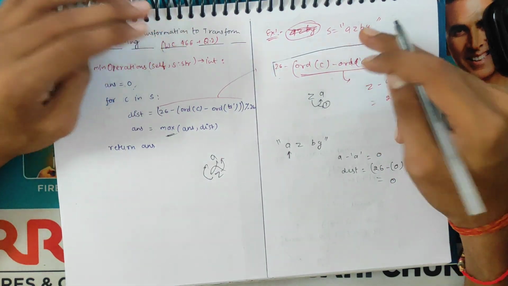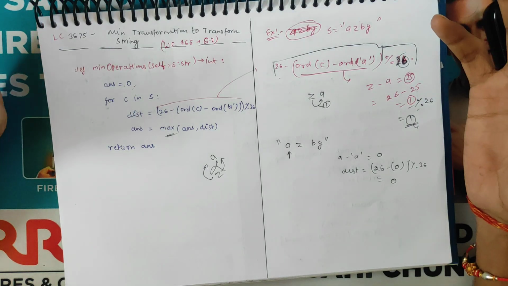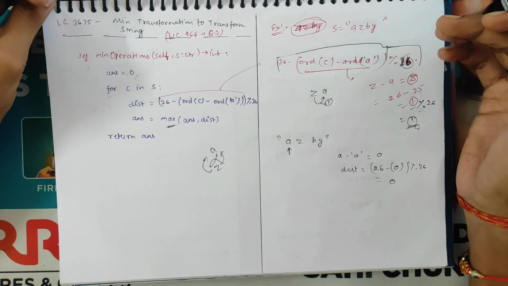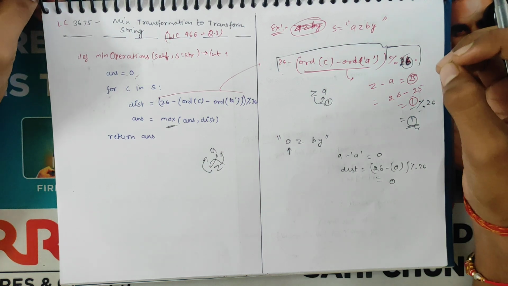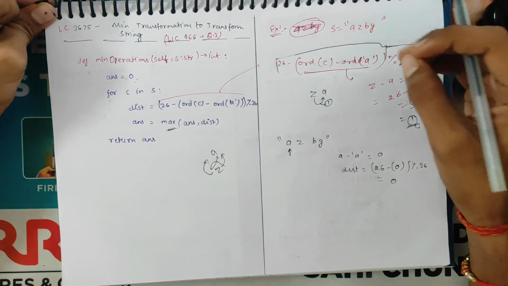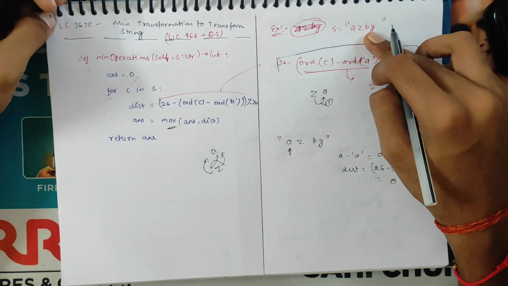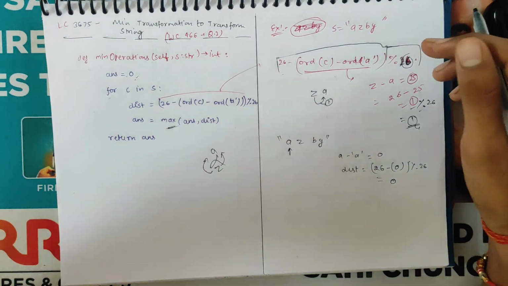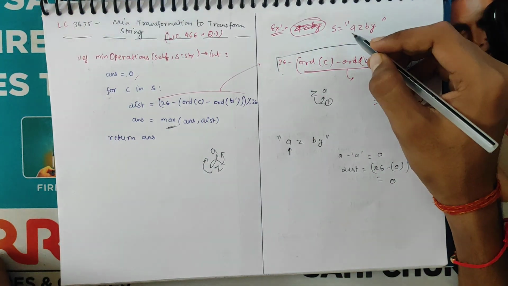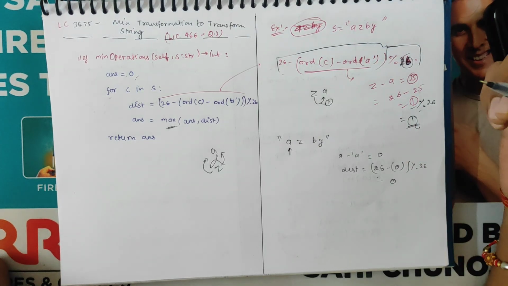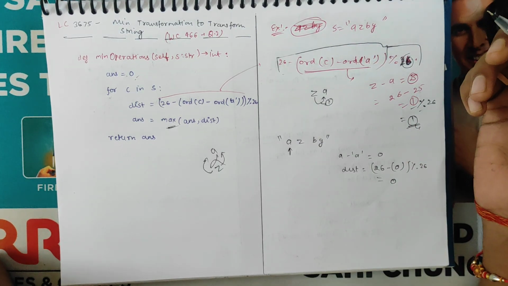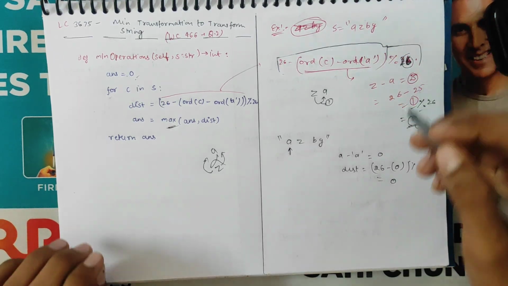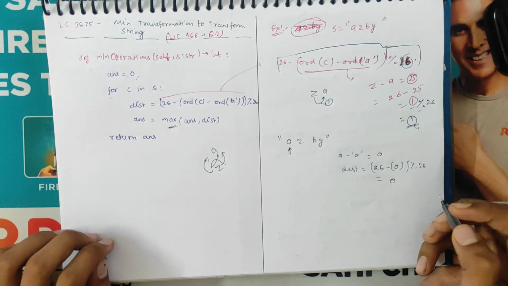So the maximum step that is needed is what we have to return after calculating every single character, like how many steps are needed to convert it into a. So we'll be returning after calculating everything. It's obvious that we'll be returning the highest value from the whole string.